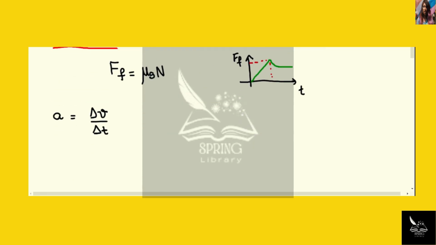What the exercise asks us to do is to find the minimum value of the time such that the crate does not slide. Now, finding the minimum value of the time is equivalent to finding the maximum value of the acceleration.